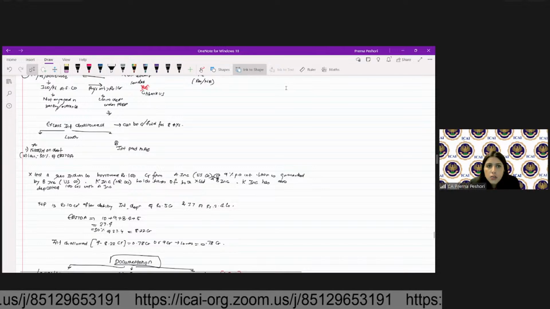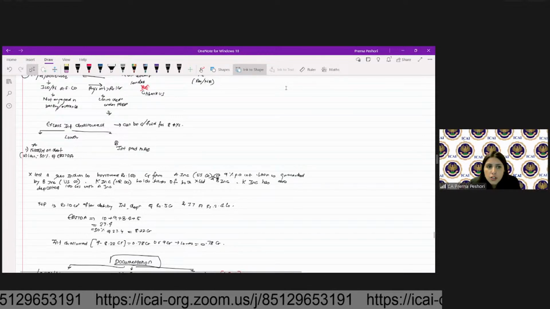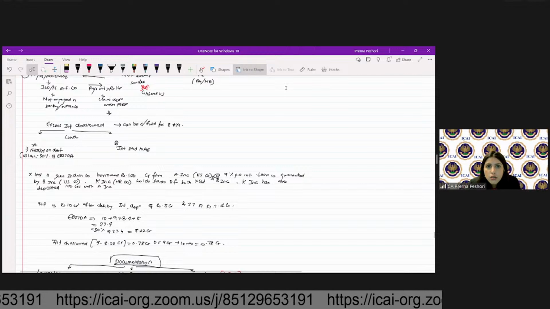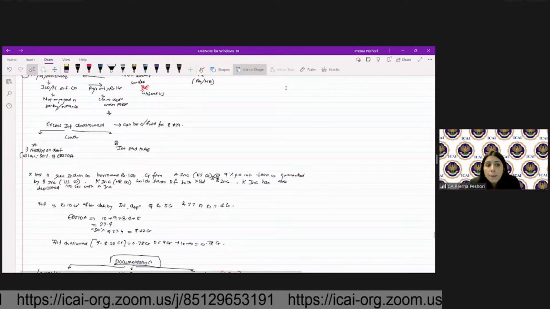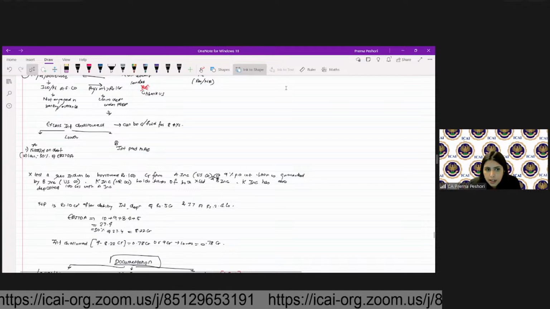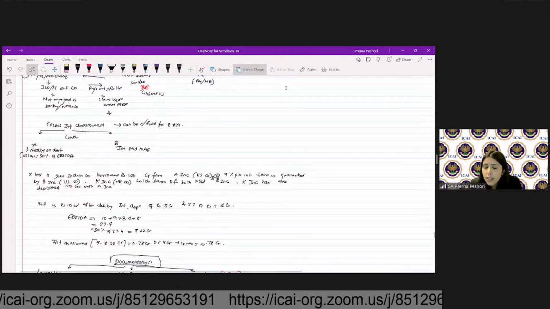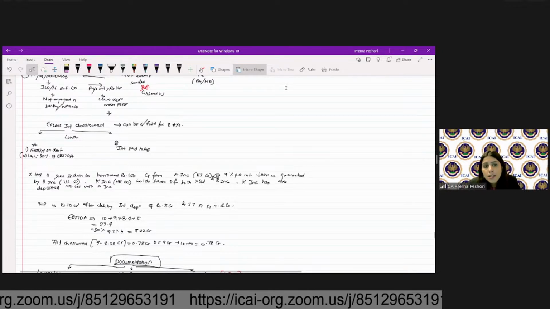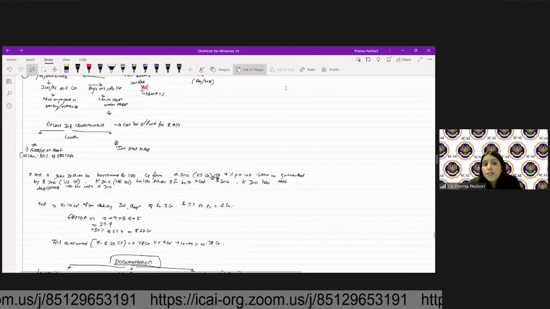Okay, before we stop, I think what we can also discuss is the double tax relief, foreign tax credit. How do you calculate the foreign tax credit? Foreign tax credit is something that you will calculate based on the average rate of tax. So you will calculate the relief under section 90 as per the DTAA if there is a DTAA present between two countries. If there is no DTAA present between two countries, you will give the rebate.